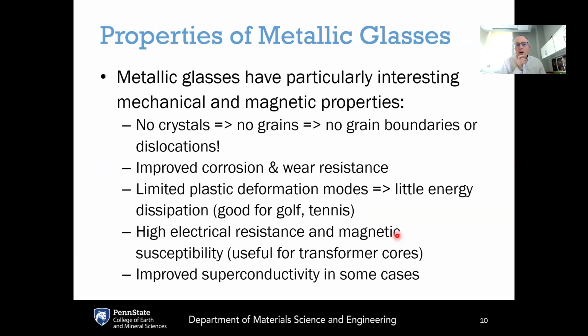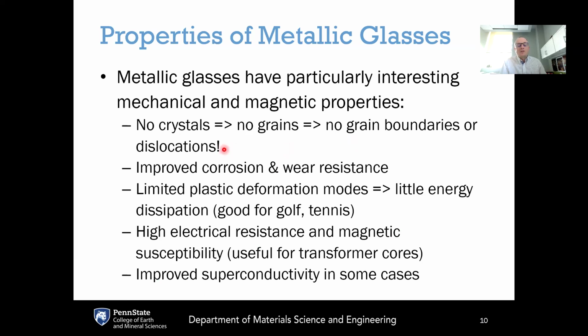Some of the key properties of metallic glasses: they have really interesting mechanical and magnetic properties. The mechanical properties are due to the fact that they don't have any crystals. No crystals means no grains. No grains means that there's no grain boundaries and no dislocations.